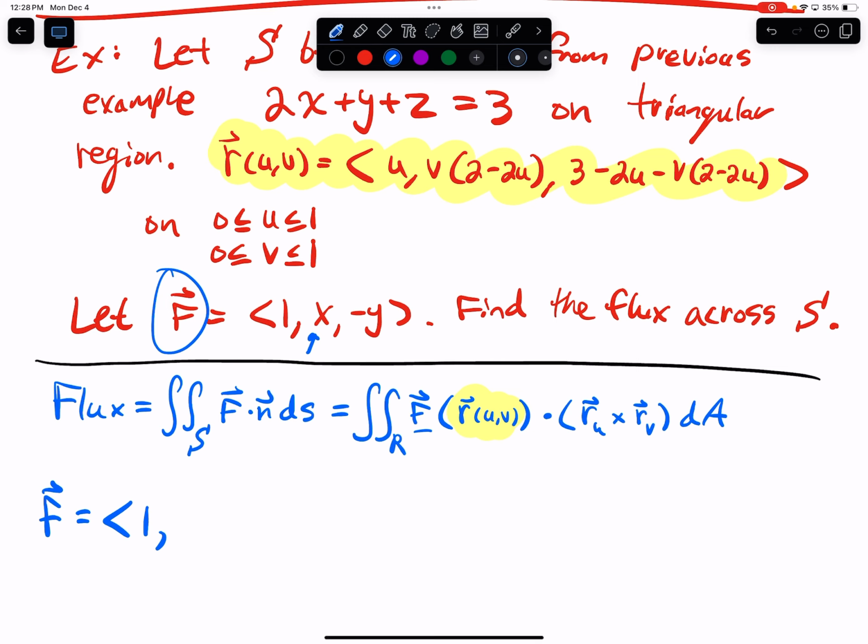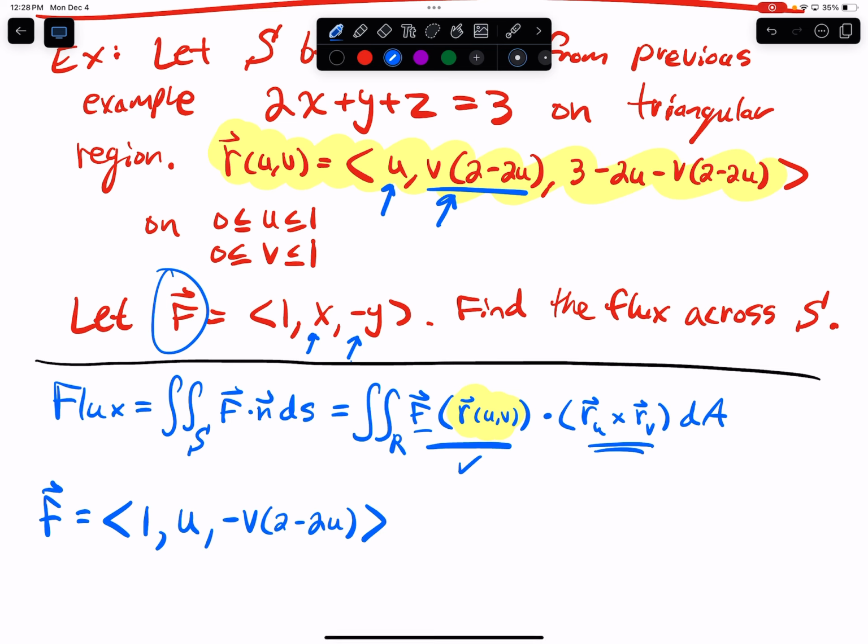And what does x equal? u. And then what is it in the last component? It's a negative y. So I take the negative of this y part here, so that's negative v times 2 minus 2u. Are you guys okay with where that came from? Are we good with this first part here?